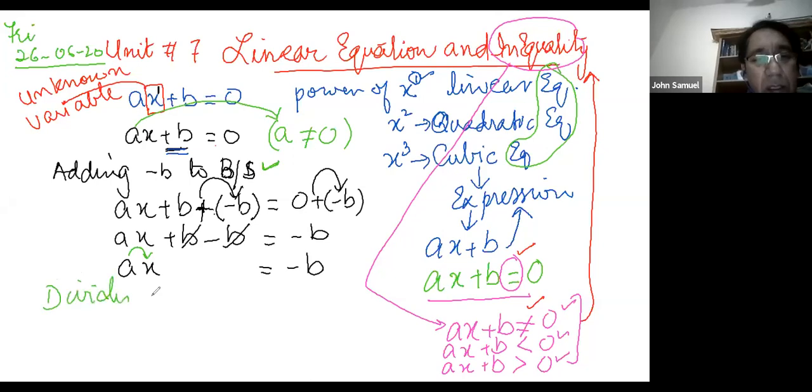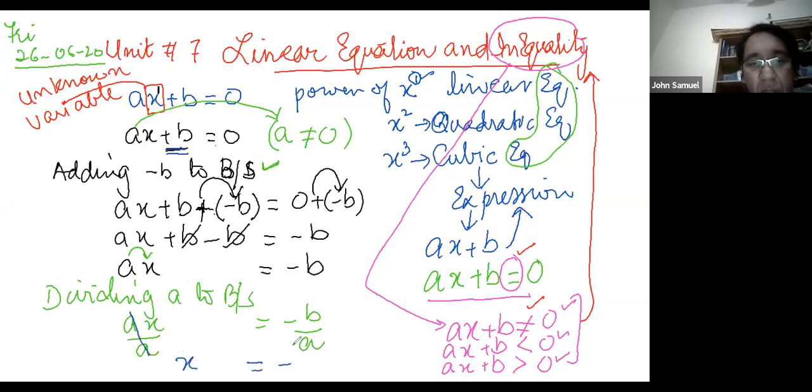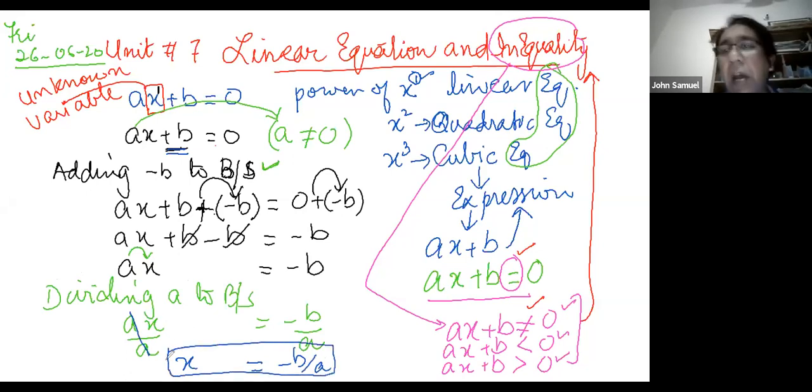Dividing a to both sides. So we'll write ax upon a, and similarly on the other side, a. This will cancel. So now we have x is equal to minus b upon a. This is how we can find the value of the unknown variable.